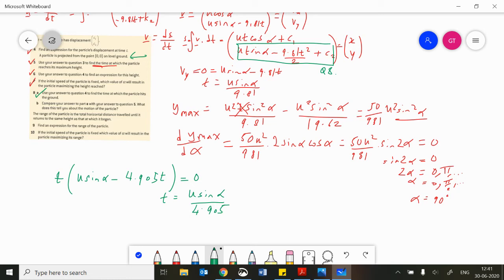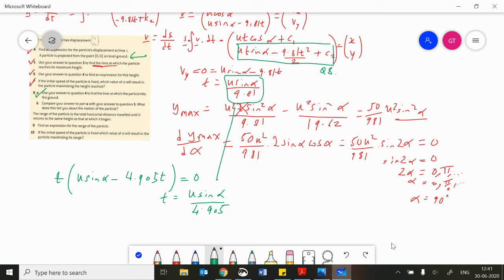That's good. But then for part B, it says compare your answer to A with your answer to question 5. What does this tell you about the motion of the particle? Now, the answer to question 5 was here.